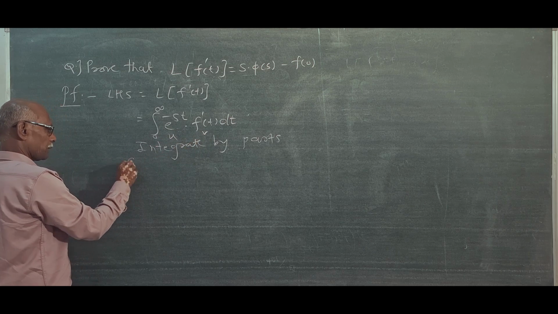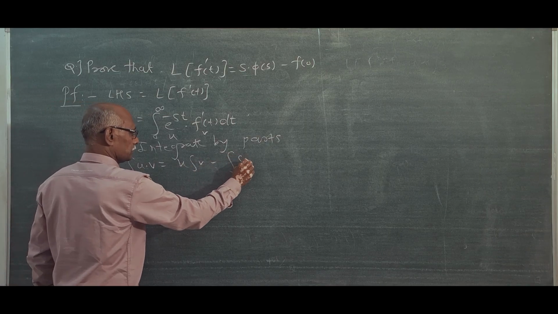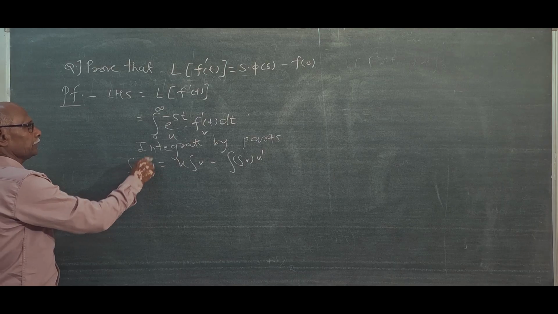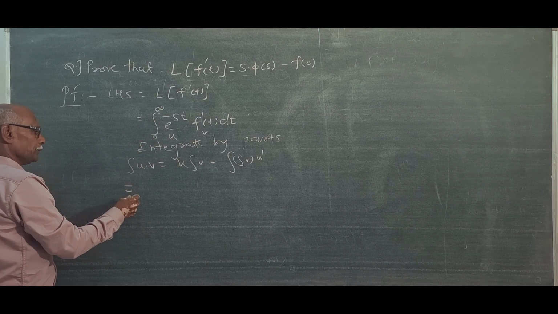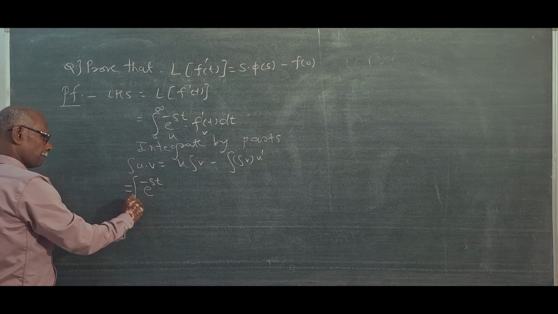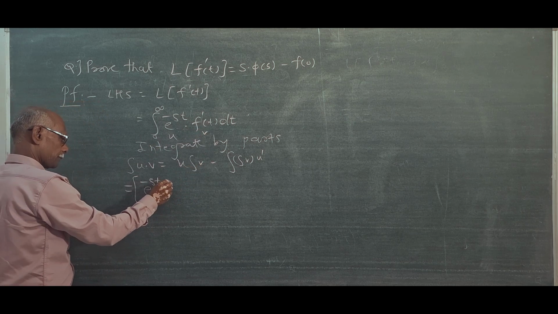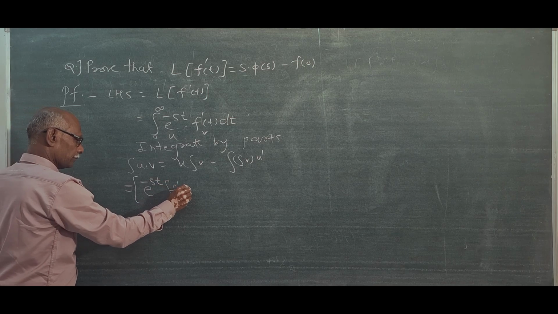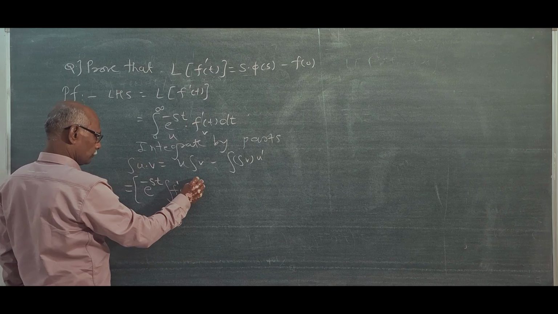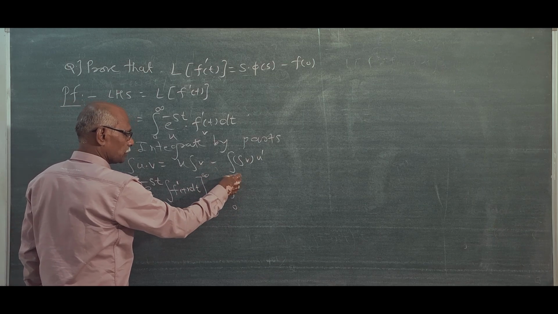What is integration by parts? Integral of u into v is equal to u times the integration of v minus the integral of u dash times the integration of v. It's written in short. So u continues as it is, that means e raised to minus st as it is, and v is f dash, so the integration of v is the integration of f dash of t dt. Then we take limits 0 to infinity, and minus this we write 0 to infinity.